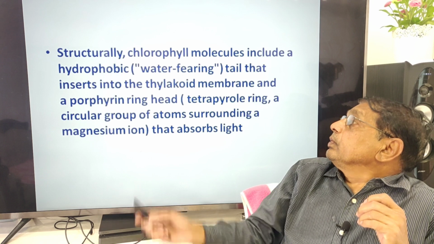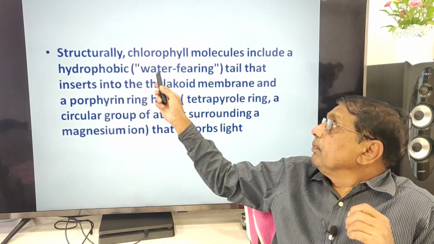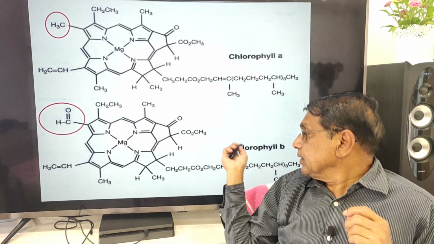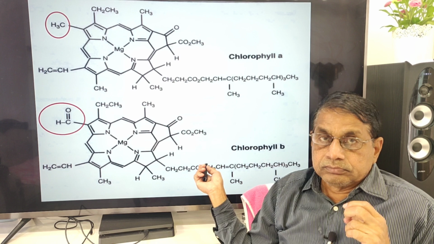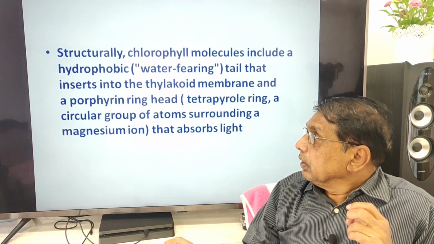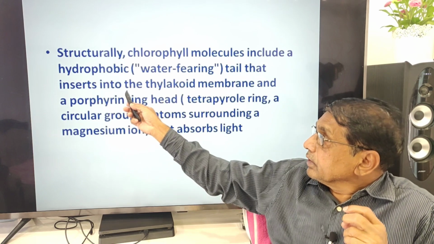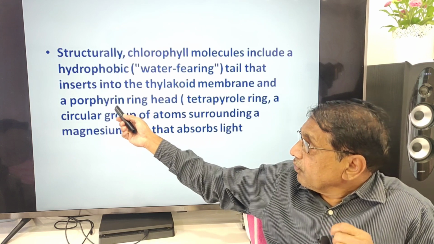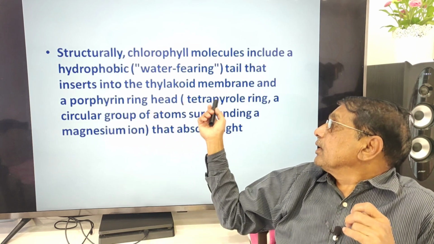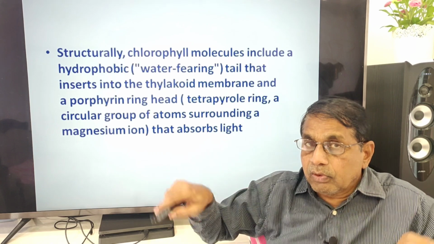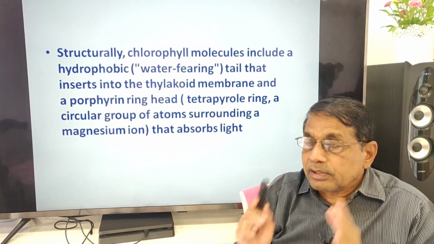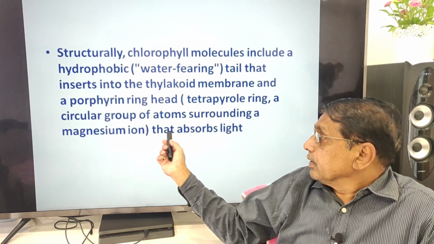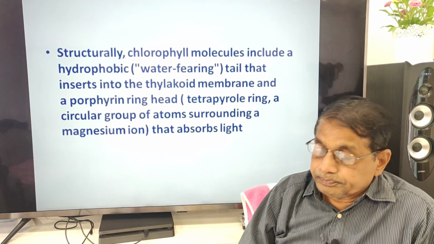Structurally, chlorophyll molecules include a hydrophobic, water-fearing tail. This tail region is water repulsive and inserts into the thylakoid membrane. There is also a porphyrin ring head, a tetrapyrrole, because there are 4 ring-like structures around the central magnesium, a circular group of atoms surrounding the magnesium ion that absorbs the light.